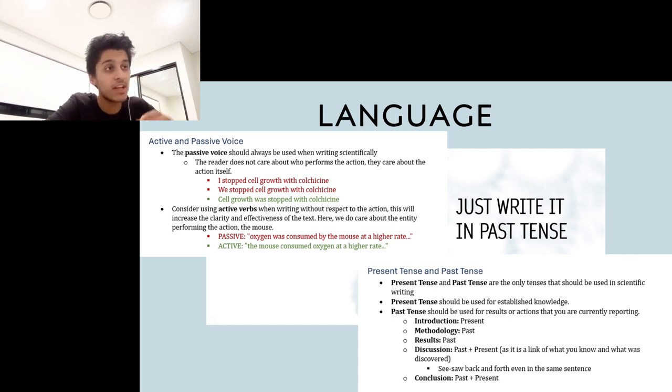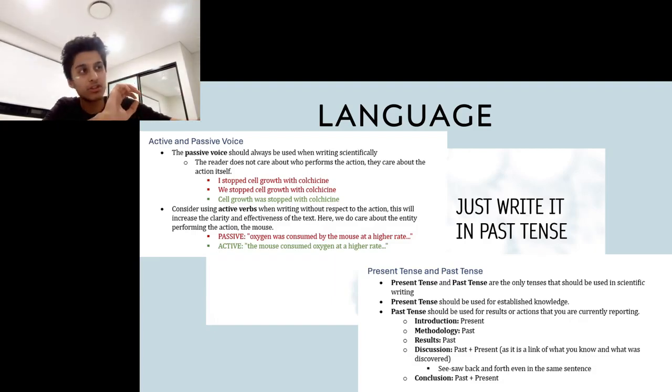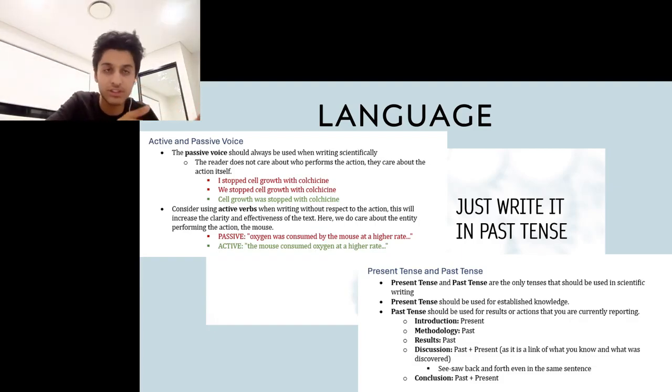If you can't use present and past tense properly, first focus on that. That's why I wrote "just write it in past tense," or I should have written "just focus on tense." I shouldn't have written "just write it in past tense." That's a mistake. So focus on your tense first. Get your tense right first, and then focus on everything else. Then focus on your active and passive voice.